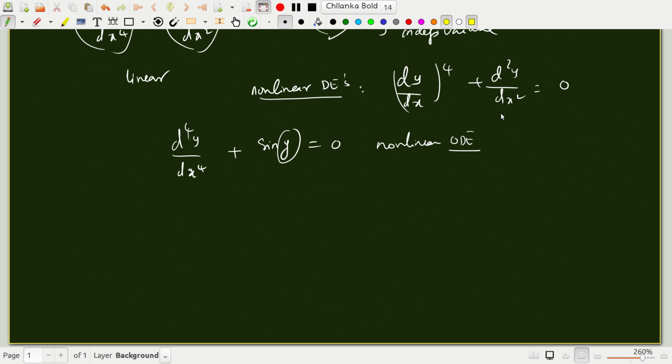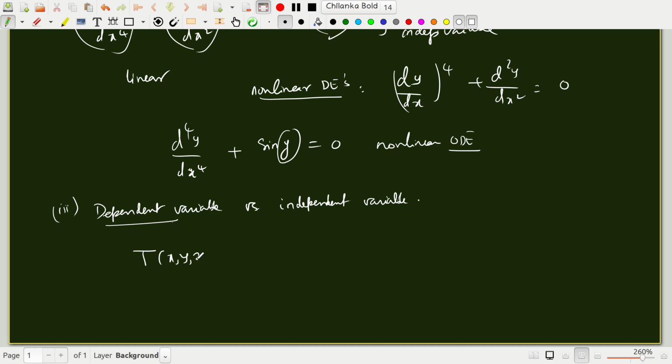Now the third distinction I want you to understand very well is dependent variable versus independent variable. Dependent variables are the ones that are unknown, let's say temperature as a function of x, y, z, and time. T is the dependent variable, whereas the spatial coordinates and time are the independent variables.